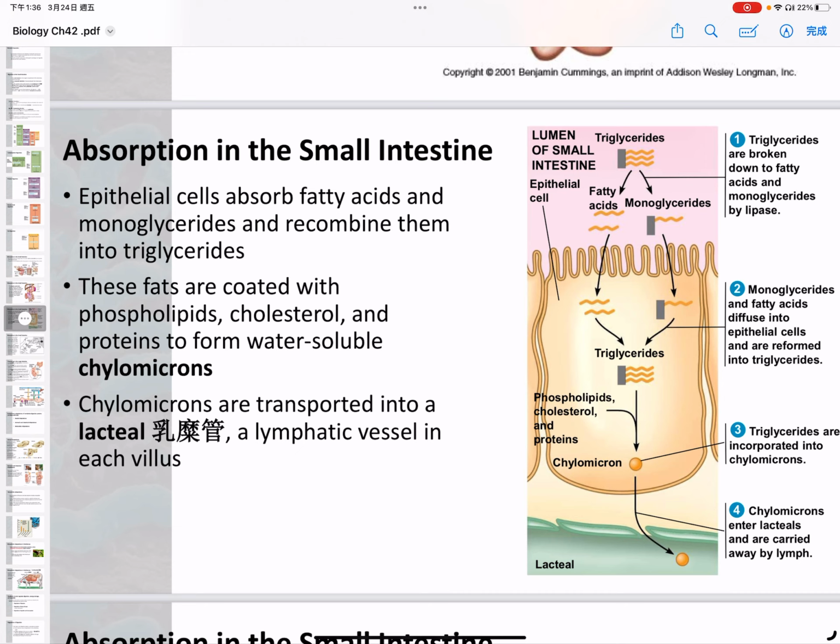So although most of the substances go into our bloodstream after they enter our villi, there's a special substance that doesn't do that. It leaves the villi through the lacteal instead of the capillaries.